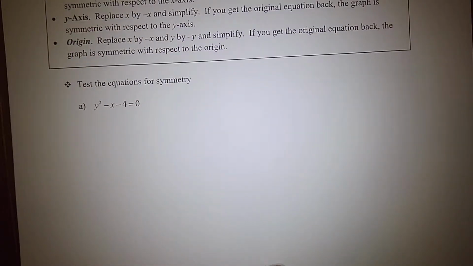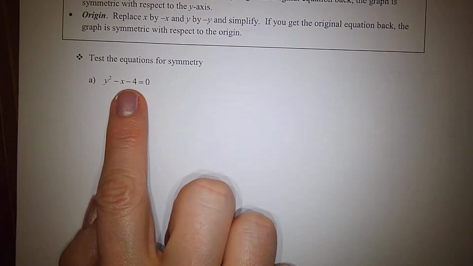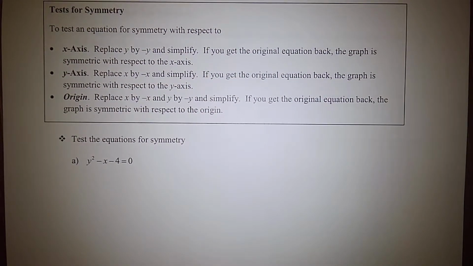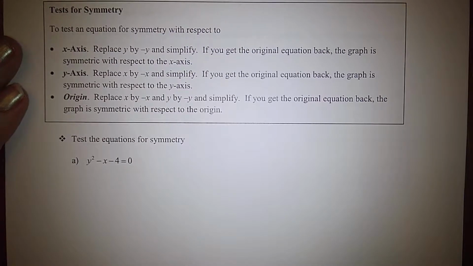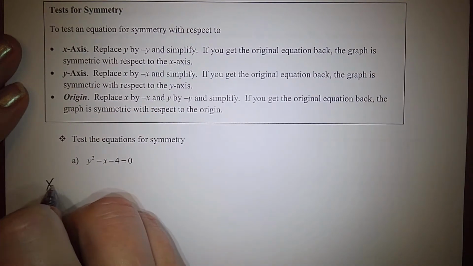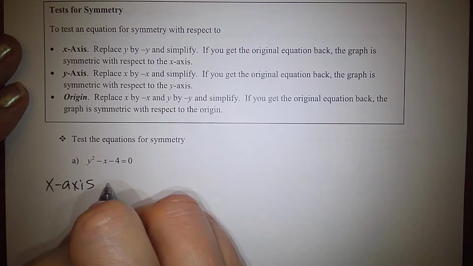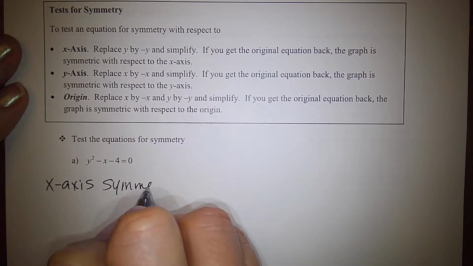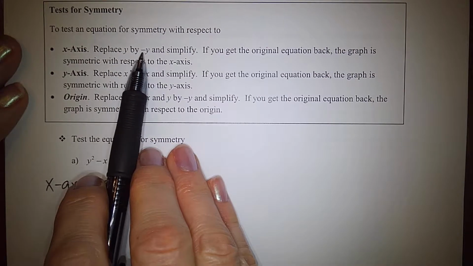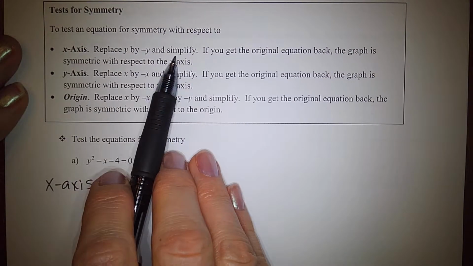So how do we take an equation and find out what type of symmetry it has? Well, we have to test each symmetry independently. So to test for x-axis symmetry, the first thing we're going to do is replace y with negative y and simplify.